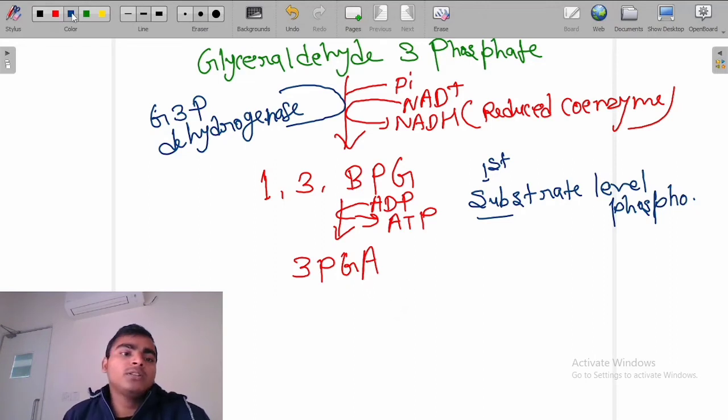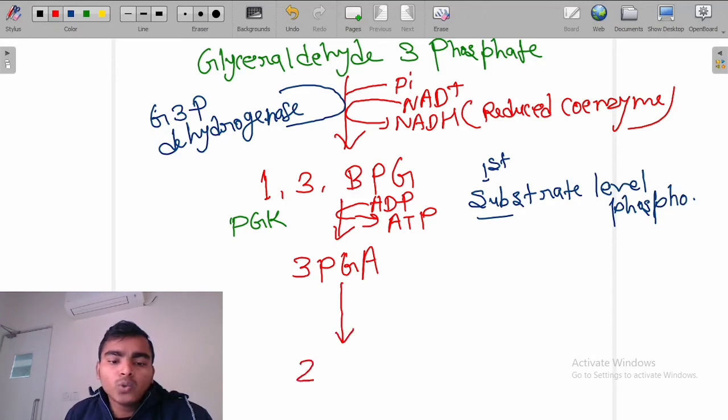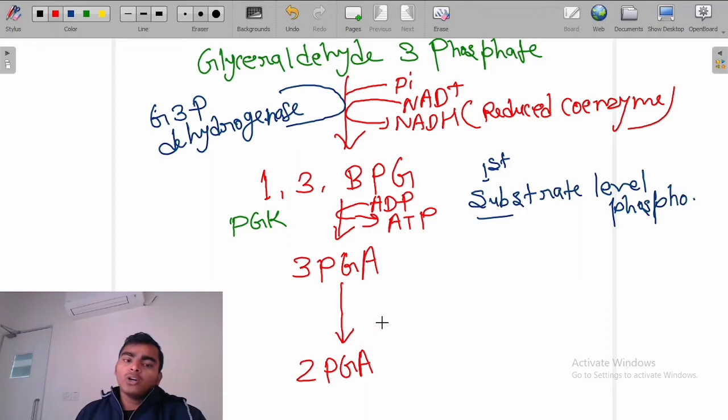The enzyme which is responsible for this particular reaction is PGK, phosphoglycerate kinase. Next step, now 3-phosphoglyceric acid will be converted into 2-phosphoglyceric acid. That means the phosphate molecule which is present on the 3rd prime of carbon is going to be shifted to the 2nd prime of carbon.